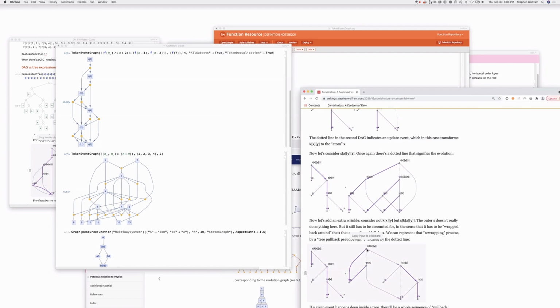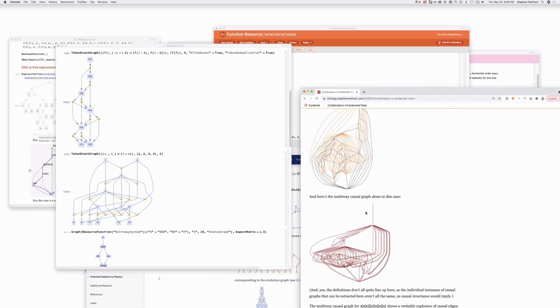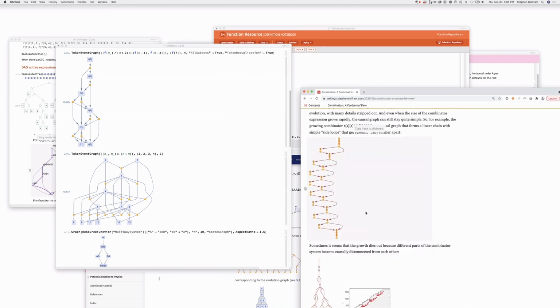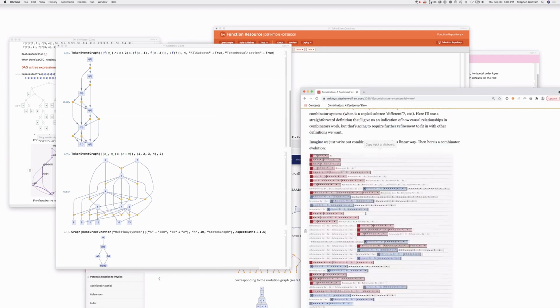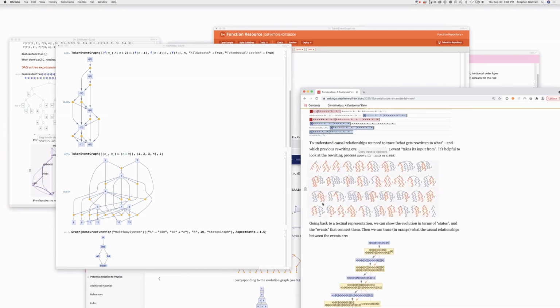We could name the nodes in the combinator tree. Right now, we are not naming the nodes in those combinator trees. Do you see what I'm saying?